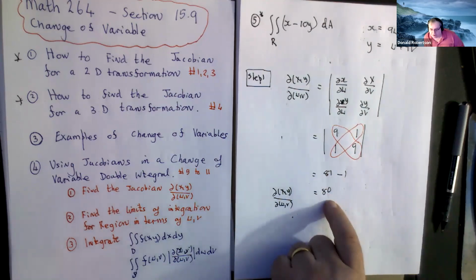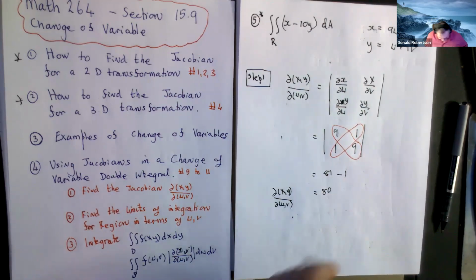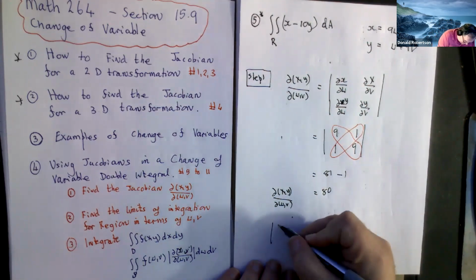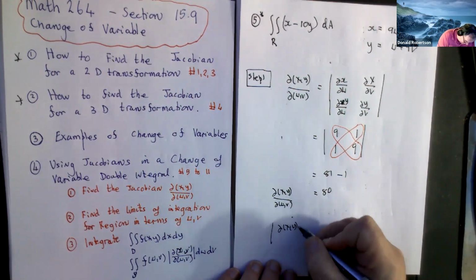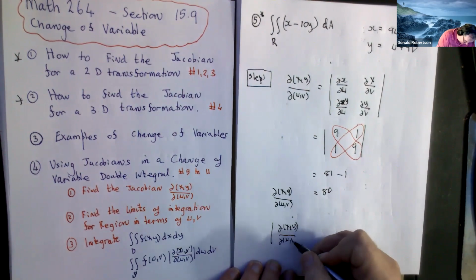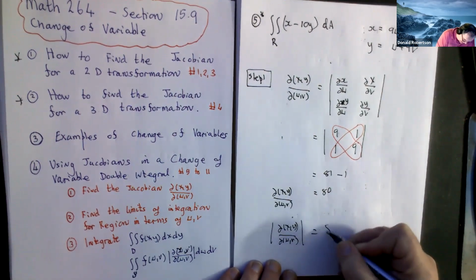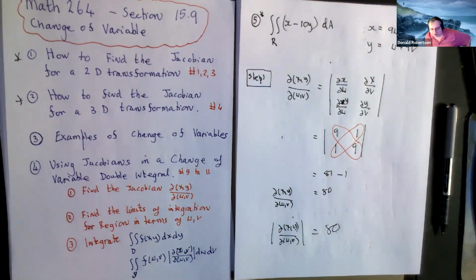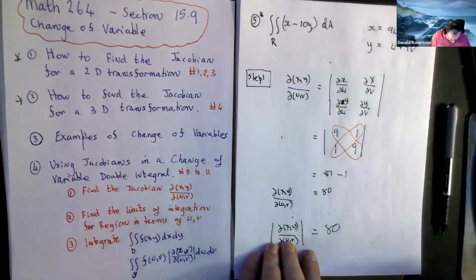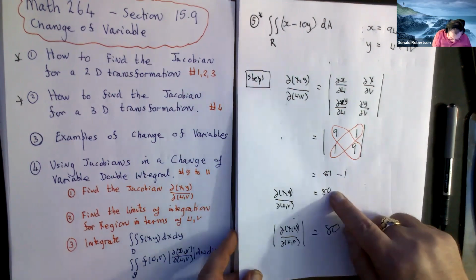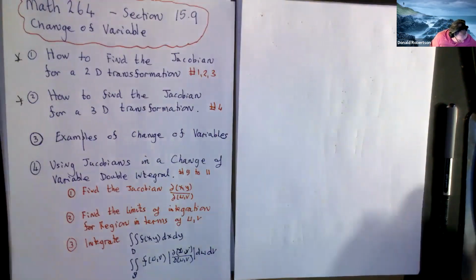So if this had come out as negative 80, because it could have, then the absolute value would have converted it back into 80. So if it's a number, it must be positive. If it's an expression, you don't need to worry about that. The math will take care of it, essentially. So that's step one. Get the Jacobian.